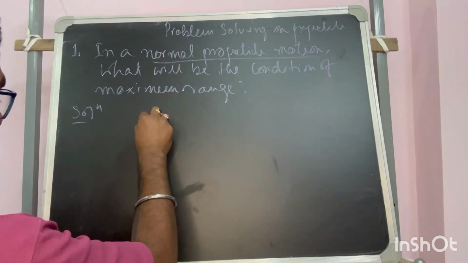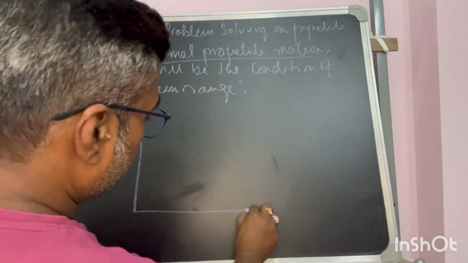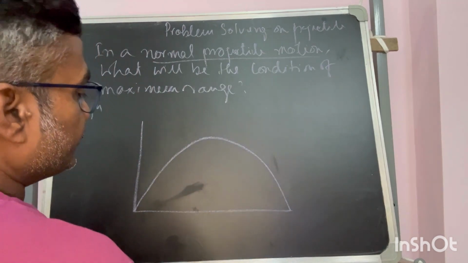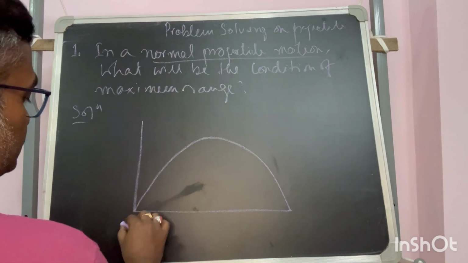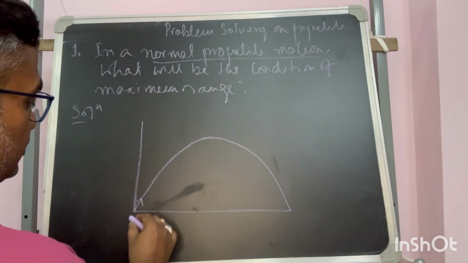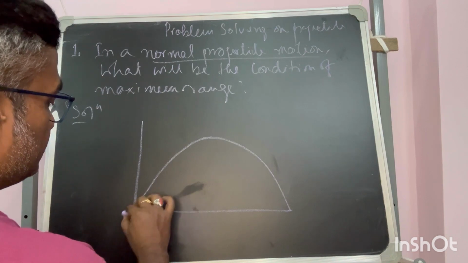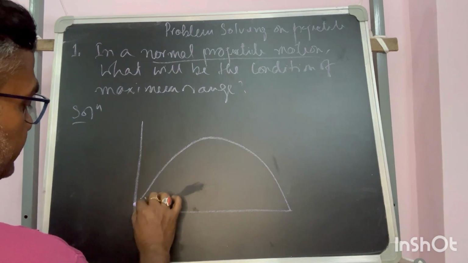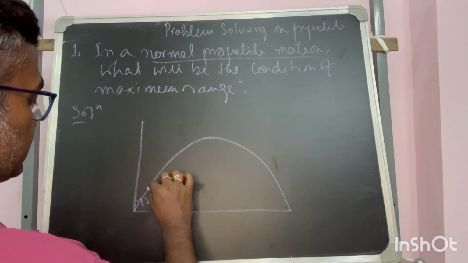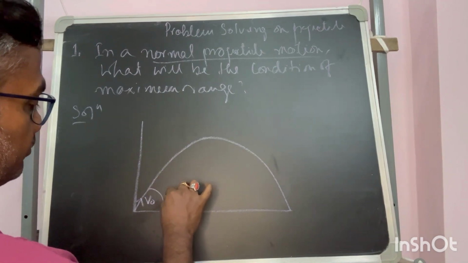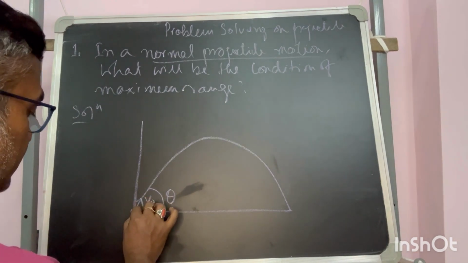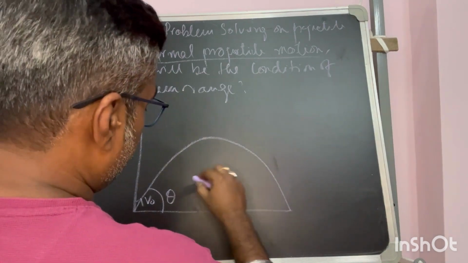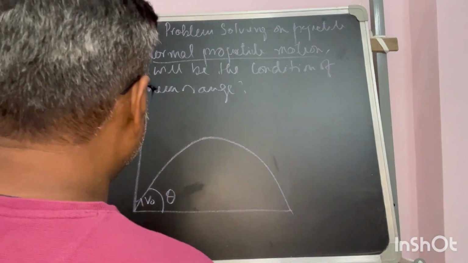Normal projectile motion is the motion where if something is thrown from the ground, it will go and hit the ground again. So we have seen it. If it is thrown with the initial velocity v0 upwards, it definitely will make some angle with the ground, let it be theta, at the time it is thrown. Then it will follow some trajectory and hit the ground again.